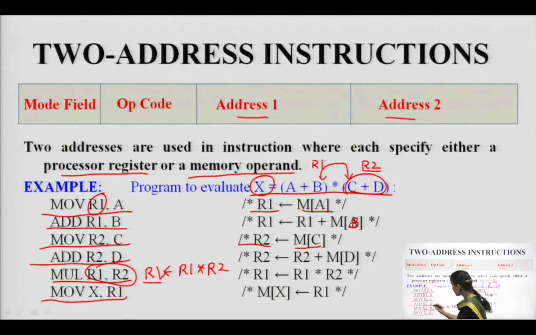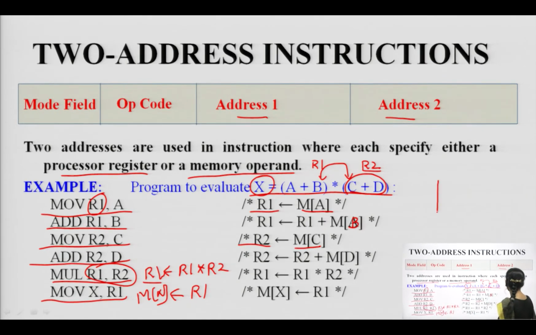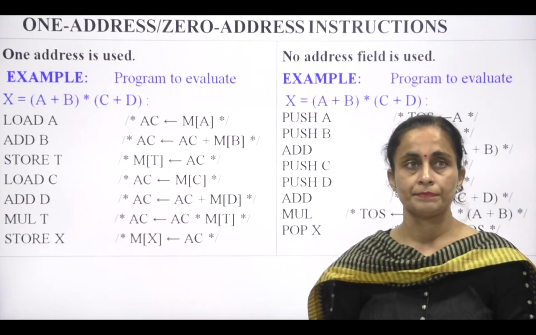Likewise, I want my result into X. X is again a memory address. So, I will write a move instruction that will transfer this R1 content into M of X. Means, when I refer to my memory at address X, I will find this content, that is what I have solved using A plus B cross C plus D.